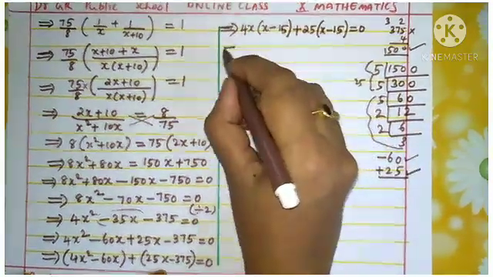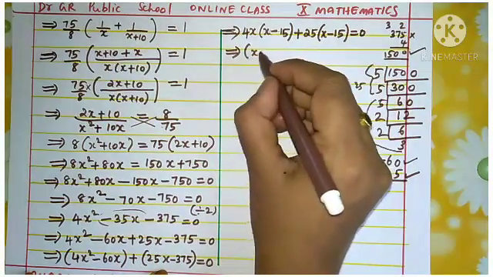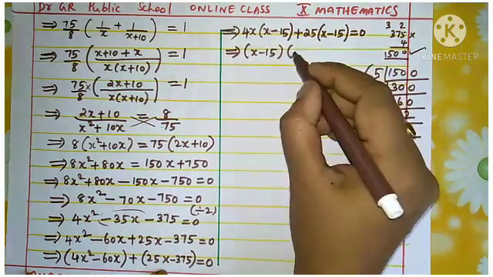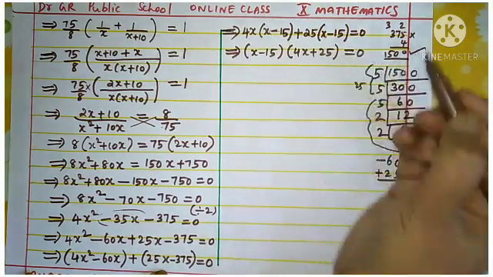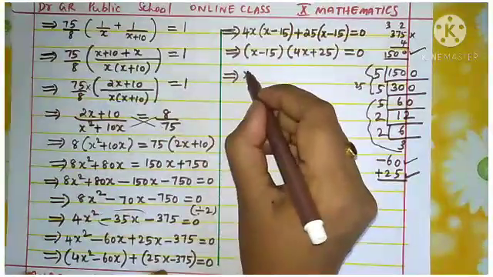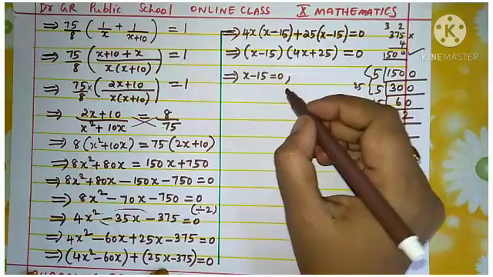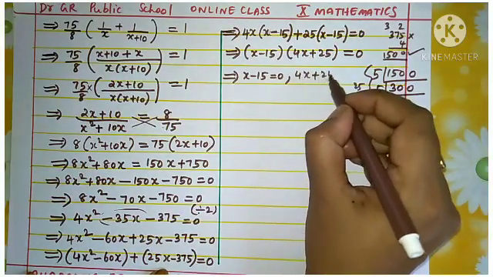So your next step is x minus 15 is common and the balance is here 4x, here plus 25 equal to 0. Understood?